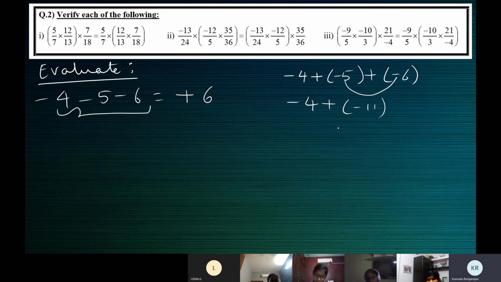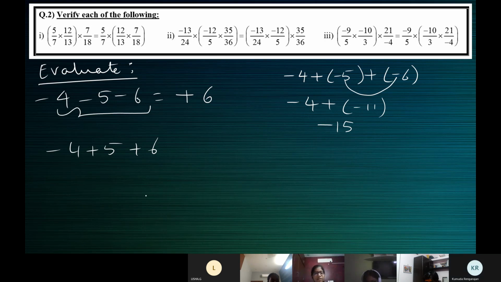How much is it? So we'll be getting minus 15. Minus 15. Ma'am, but I didn't do like this, ma'am. Minus 4 plus 5 plus 6 I did it, ma'am. So you're changing the question itself? Yes.